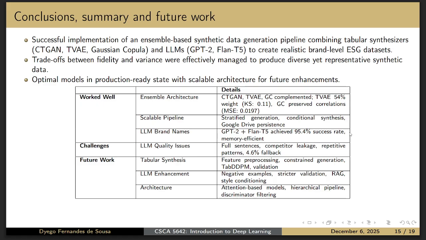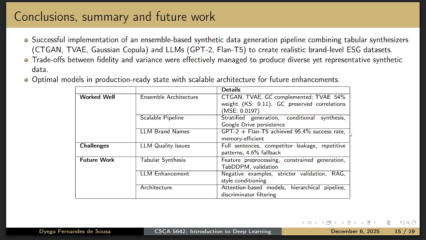If I ever have to work again on this type of work, I will try to apply this tabular DDPM, which is something interesting. I didn't dig deep into it, but I read that it can be interesting, especially to add more variance to my data set. If I had known that before starting my work, I would start by using this on day one.